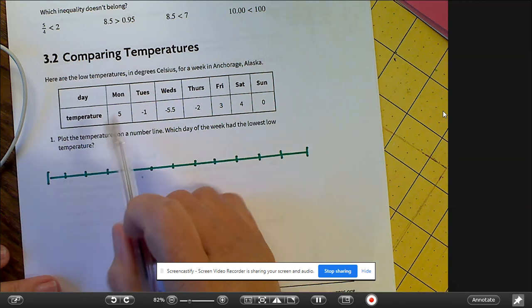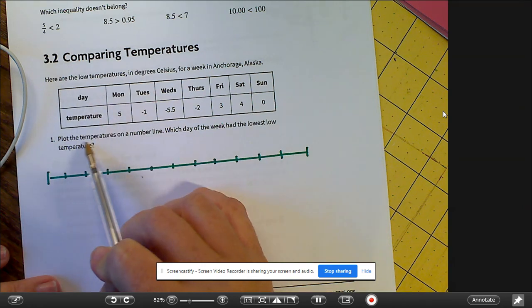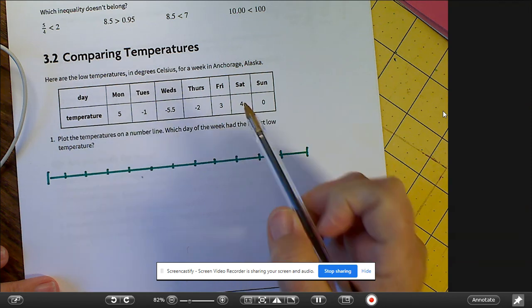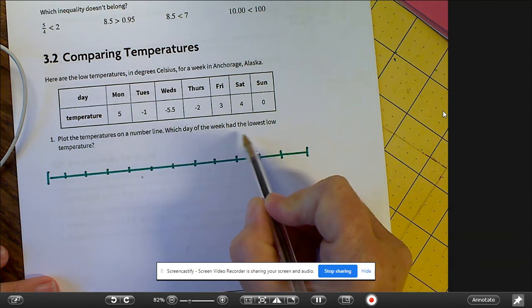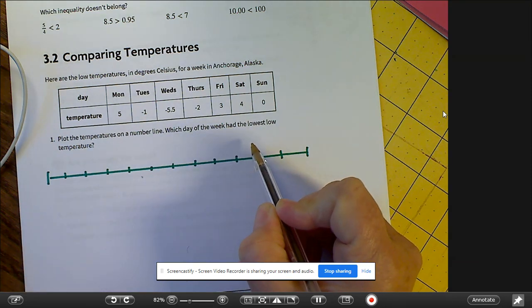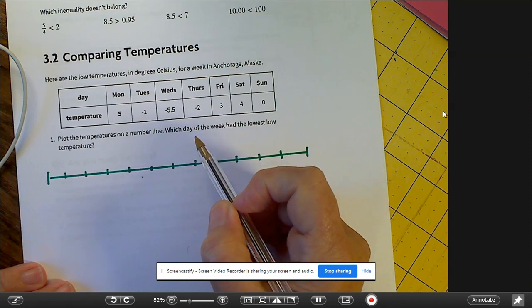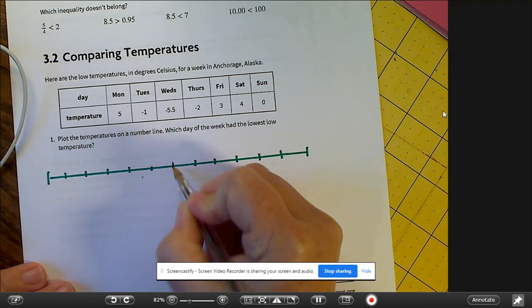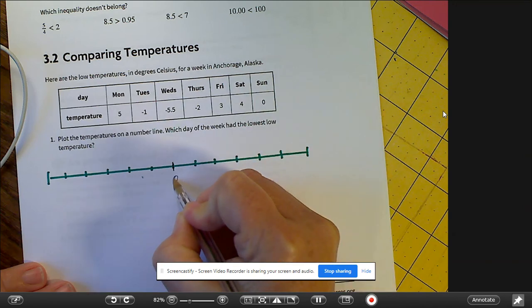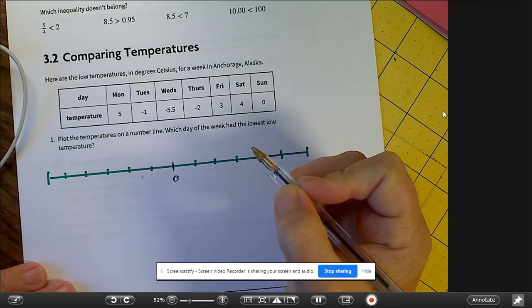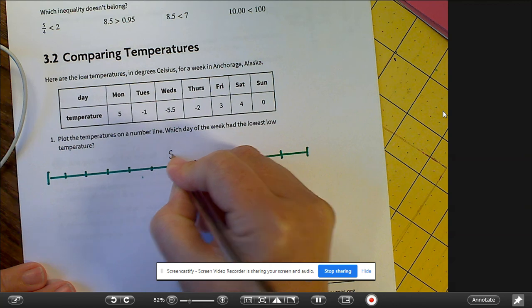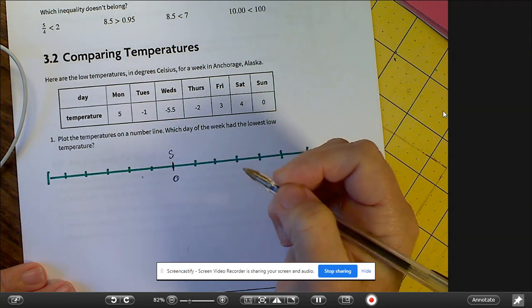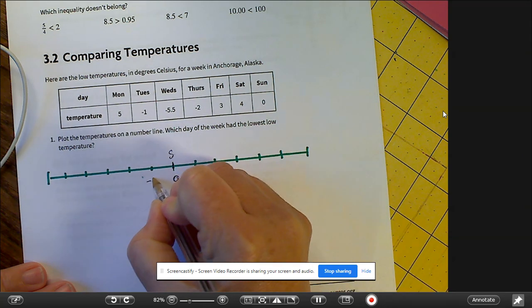We're supposed to plot the temperatures on a number line, and then tell which day of the week had the lowest low temperature. Okay, so let's start in the middle. This is 0, and that would be Sunday. And then let's just add the numbers in.